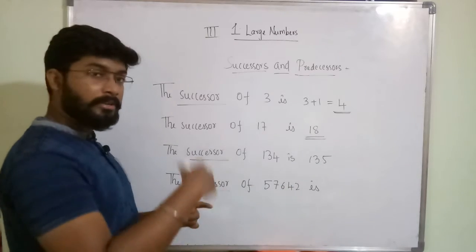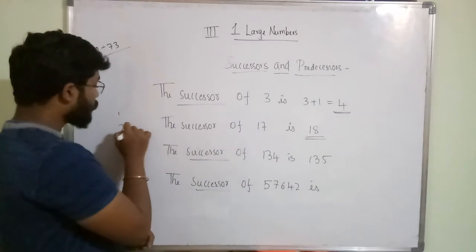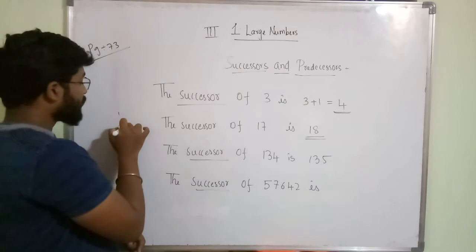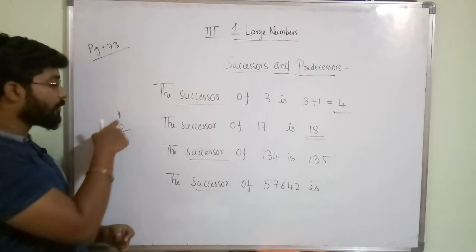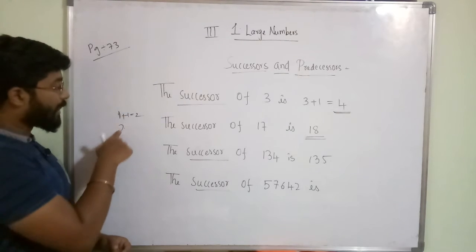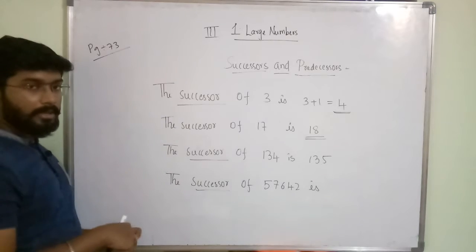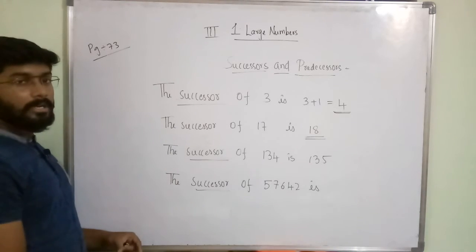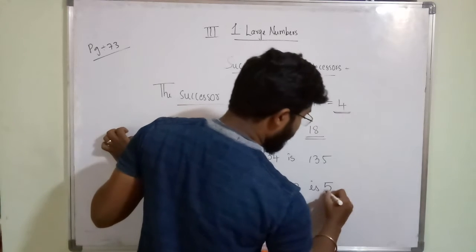If you do +1, you will get the next number in the series. After 1 you will get 2, means 2 is the successor of 1. 1 + 1 is how much? 2. So if you need the successor, you have to do +1, means you will get the next number only. If you know it directly, you can write. If you are getting confused, you add +1.